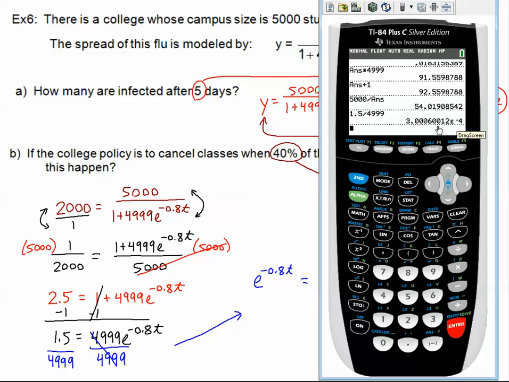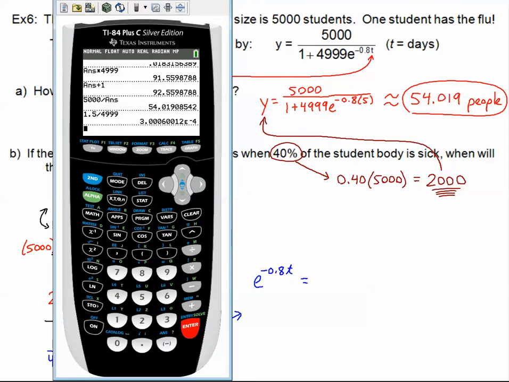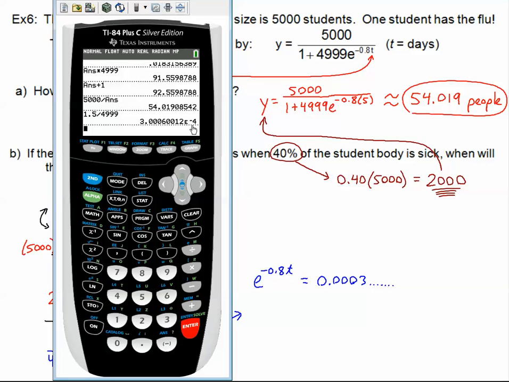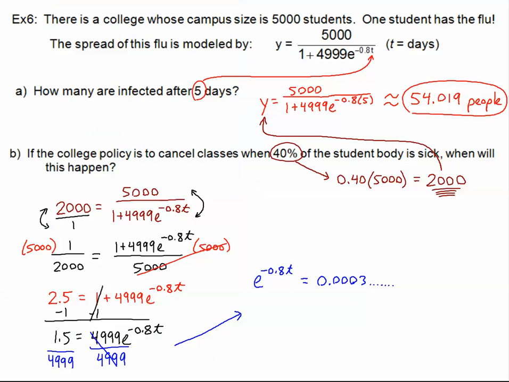So I don't really like that. I'll go ahead and write it as 0.0003 dot dot dot, because that e to the -4 means times 10 to the -4, so the decimal point is actually all the way over here. It doesn't matter because I'm just going to store this in the calculator or just use this number when I need it in my calculator.